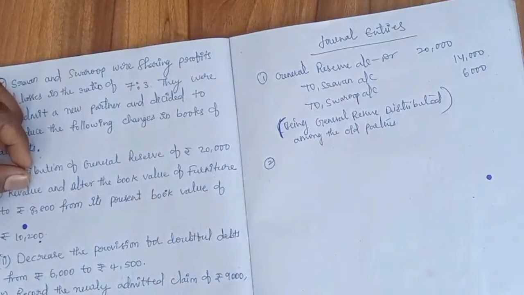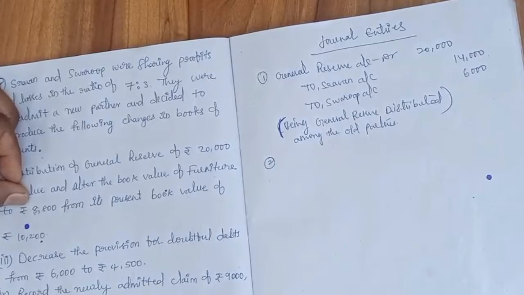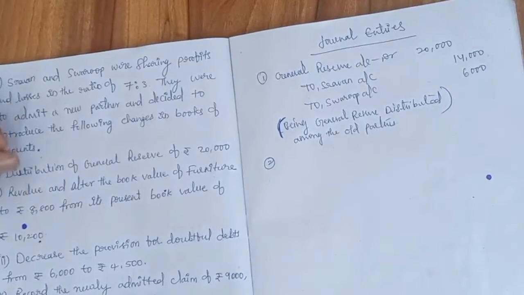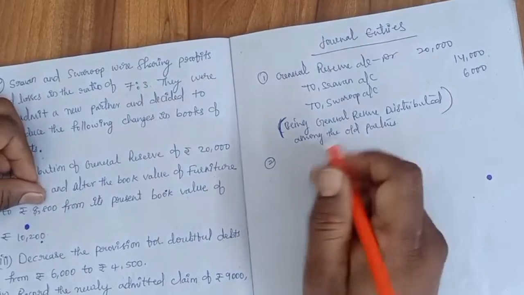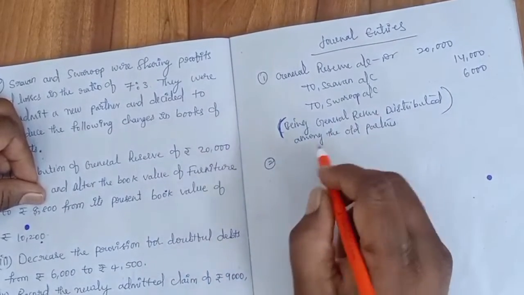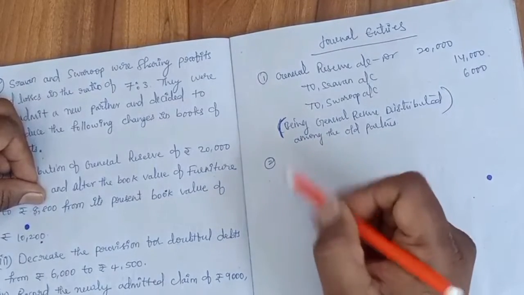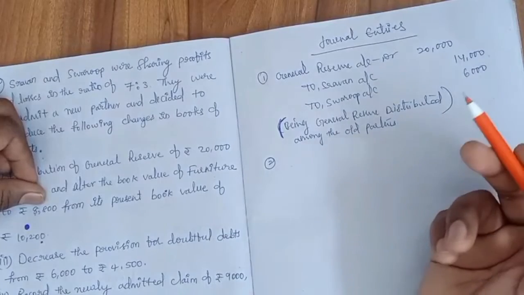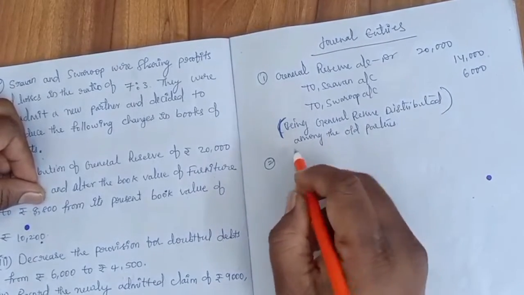So now the present book value, how much has it decreased? 10,200 minus 8,800, that is 1,400. So we have to debit this 1,400 to revaluation account, because revaluation account is completely based on the nominal account rule: debit all expenses and losses, credit all incomes and gains. So we have to debit it to revaluation account.